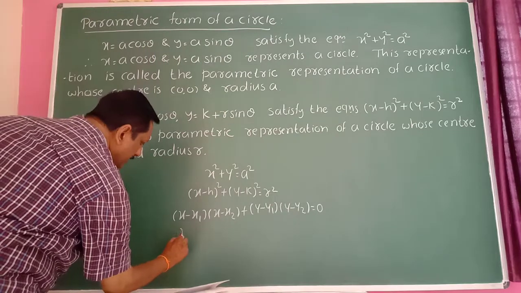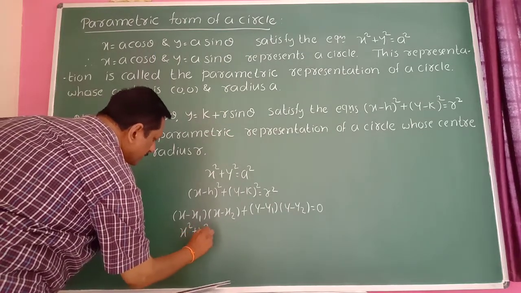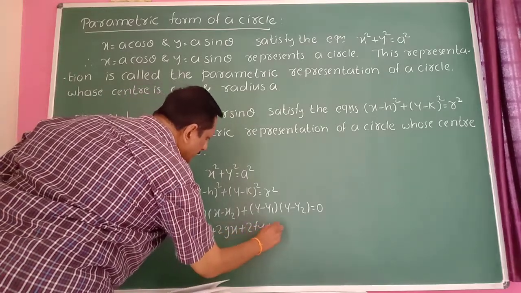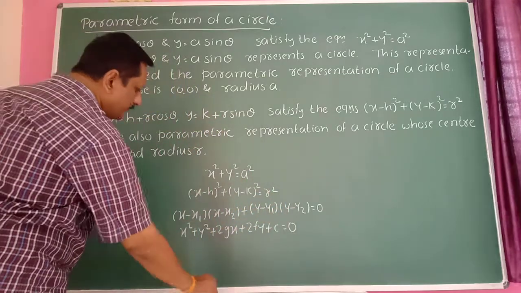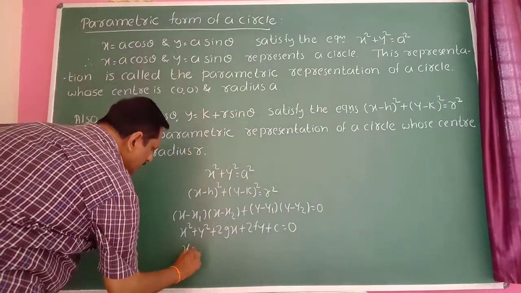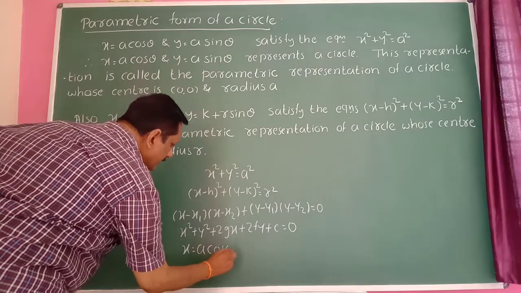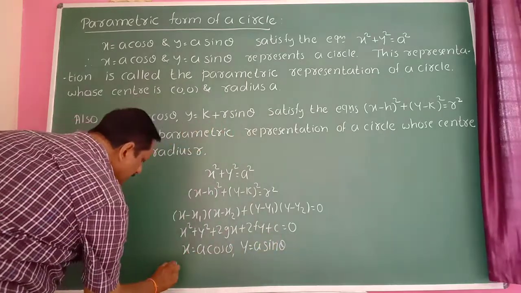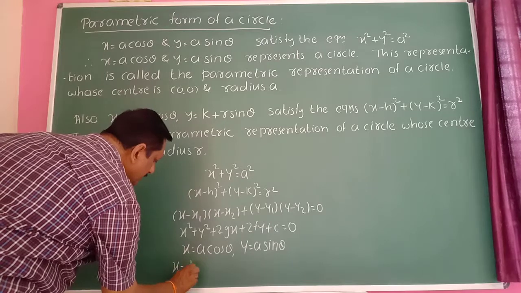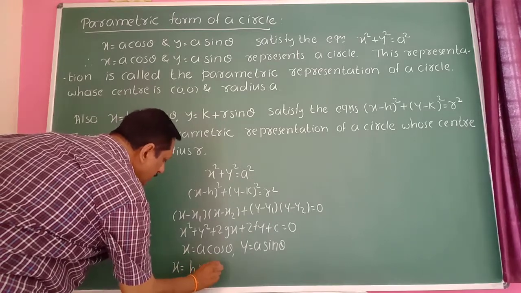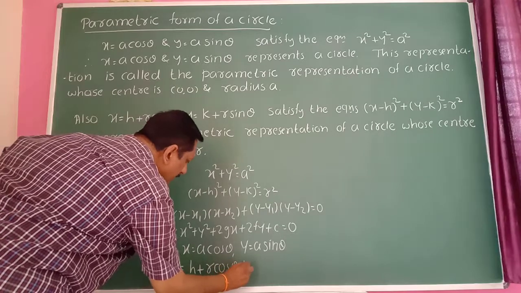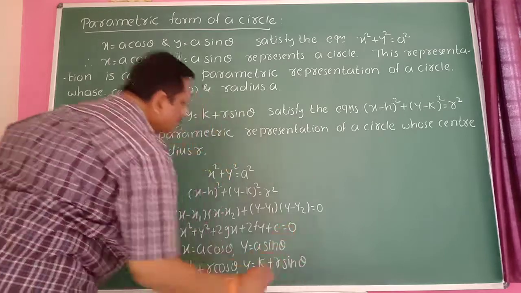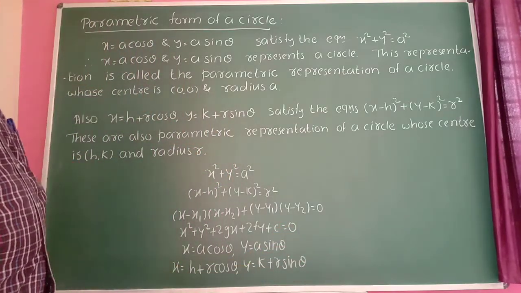The fourth form is x square plus y square plus 2gx plus 2fy plus c is equal to 0. Then x is equal to a cos theta and y is equal to a sin theta. And one more form, x is equal to h plus r cos theta and y is equal to k plus r sin theta. These are all equations of a circle only.